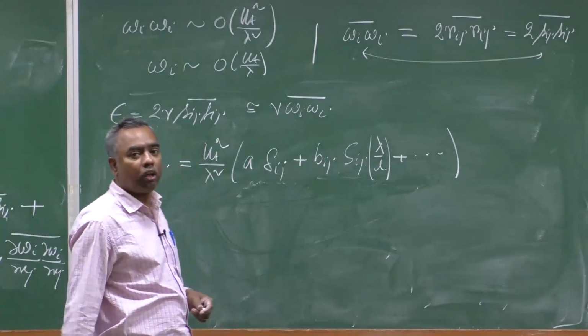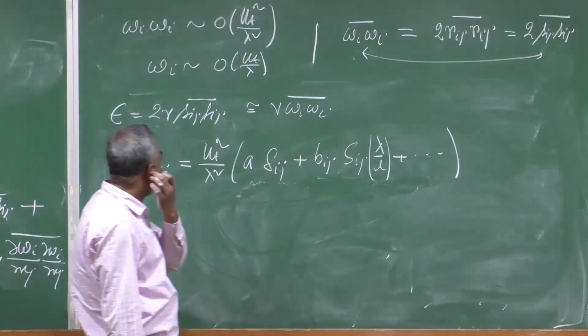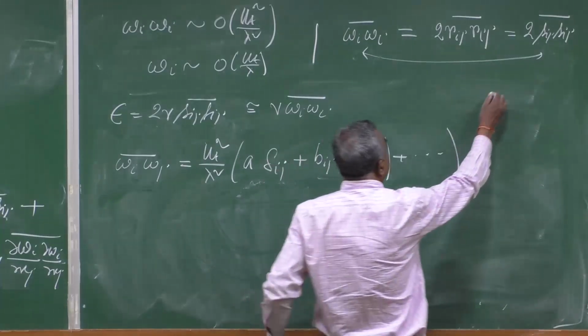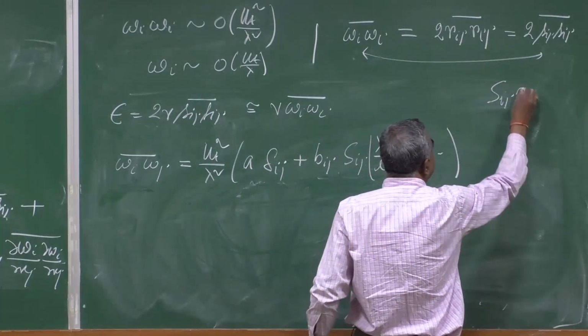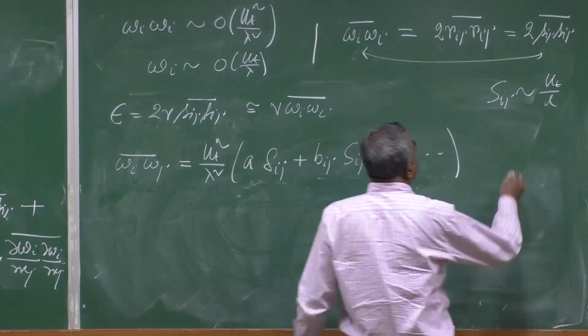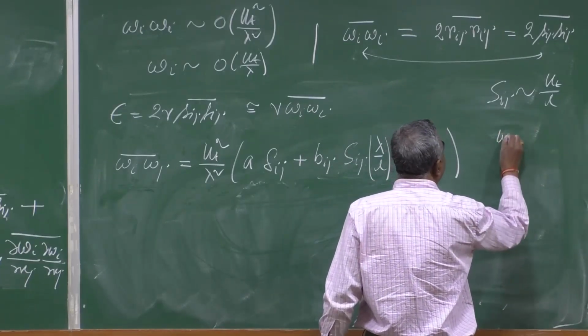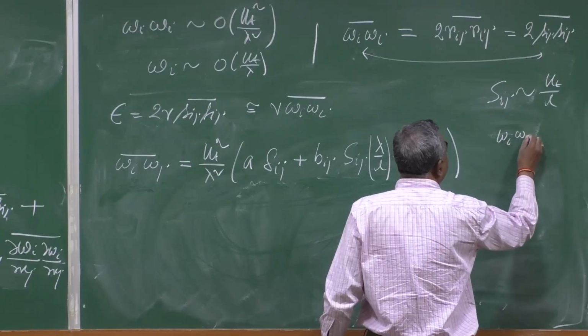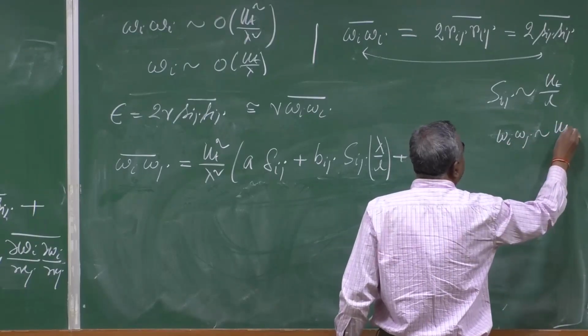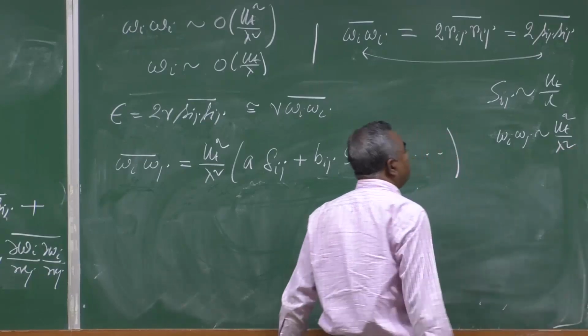That is very important to understand, because the scale of this is ut by L, and the scale of omega i into omega j, let us say, is ut square by lambda square.